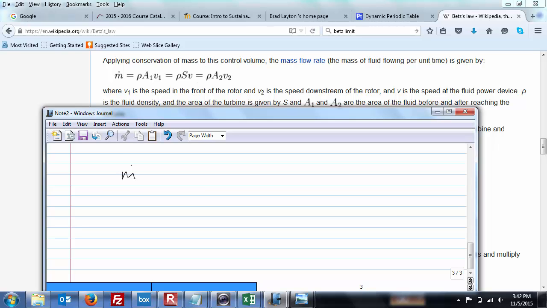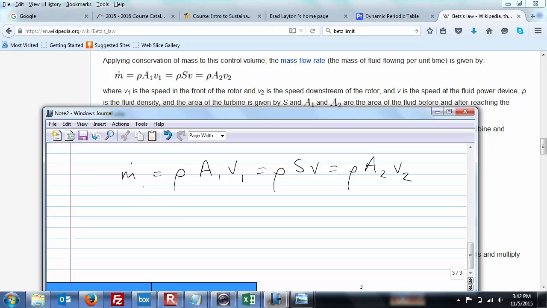This is m dot equals rho A1 V1 equals rho S V equals rho A2 V2. And let's look at that for just a second.